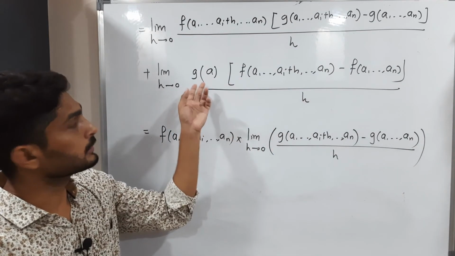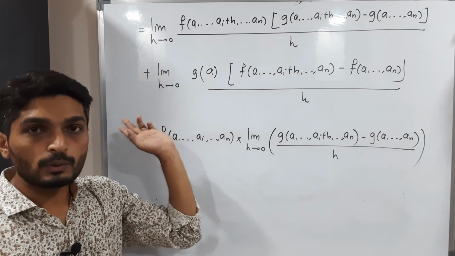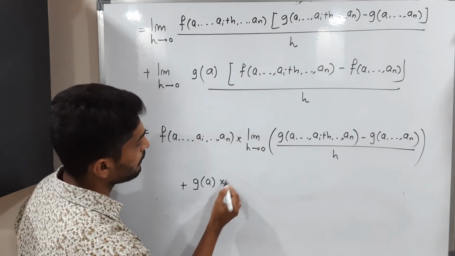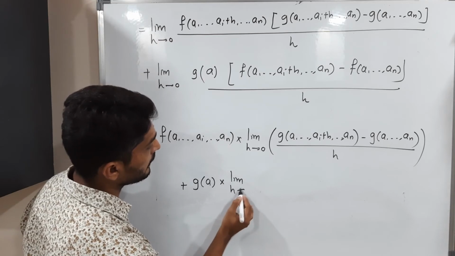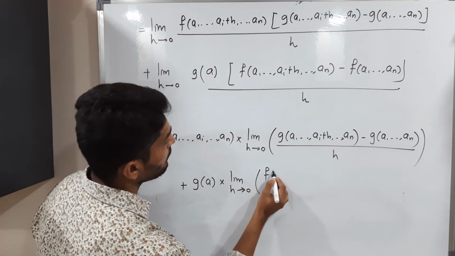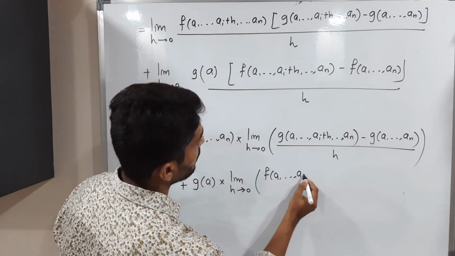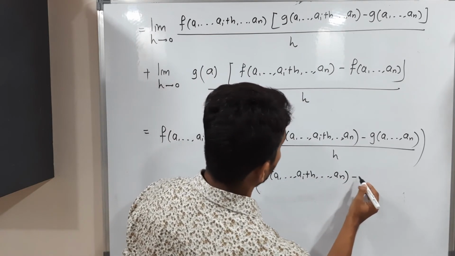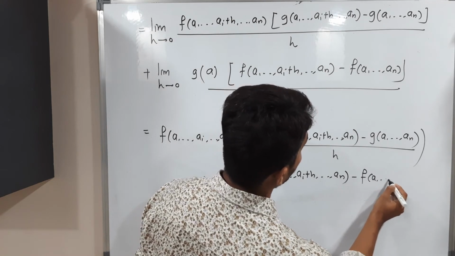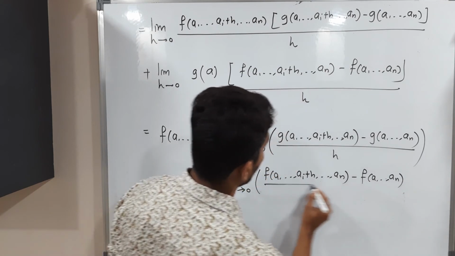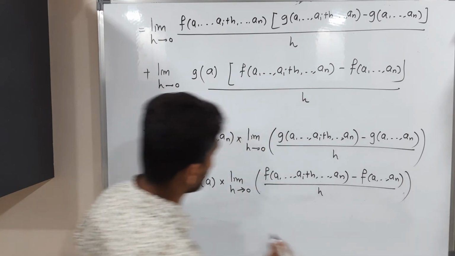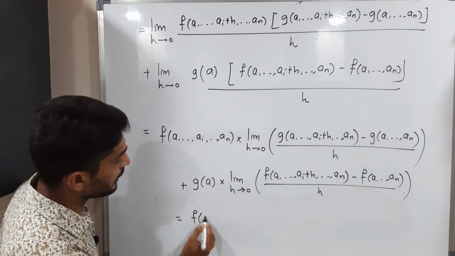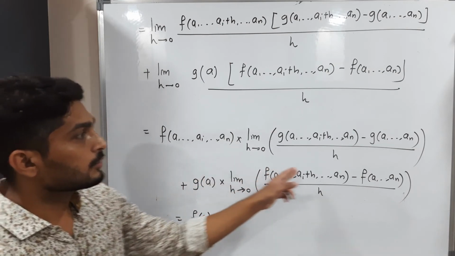What will I do here? g of a is a constant, it will come outside the limit. So plus g of a, so I am applying limit to that bracket only, limit h tends to 0 f of a1, a2 and so on, ai plus h and so on n minus f of a1, a2 and so on n, divided by h. So this is equal to, this is nothing but f of a.